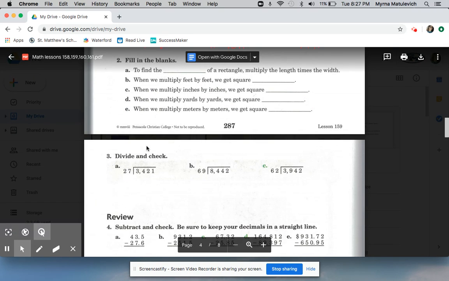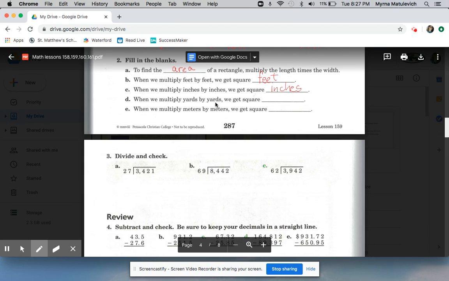Okay, fill in the blanks. To find the area of a rectangle, multiply the length times the width. When we multiply feet by feet, we get square feet. When we multiply inches by inches, we get square inches.